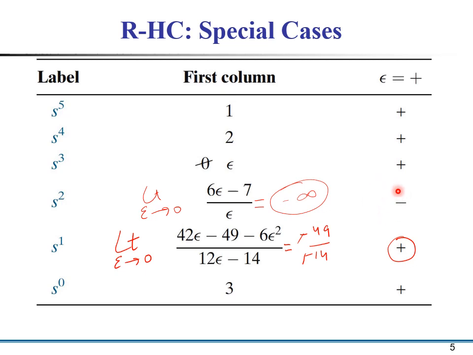Now if we look at this, from positive it becomes negative, and from negative it becomes positive. So the sign has changed twice. This means there will be 2 poles in the right half S-plane. So the rest of the poles will be on the left half S-plane.